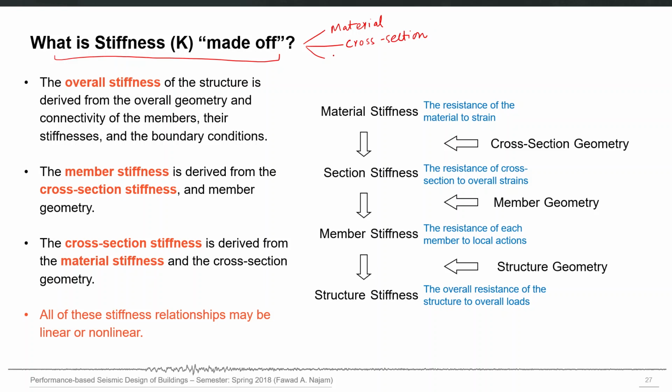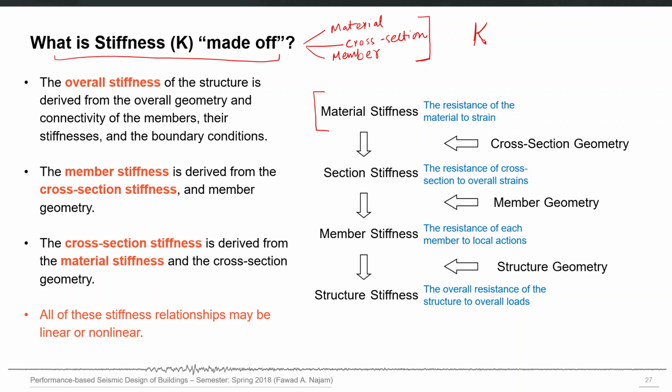The overall global stiffness of the structure, capital K, is also comprised of the same three properties. Basically they are comprised of material stiffness, cross-section stiffness and member stiffness. So we have the very starting point of the construction of the K matrix, which is the material stiffness.